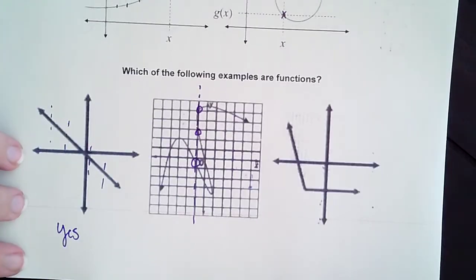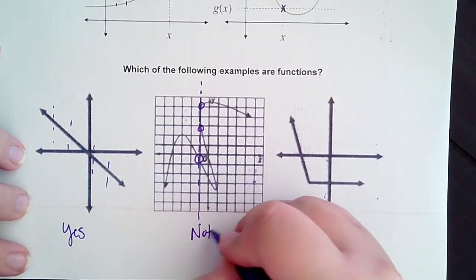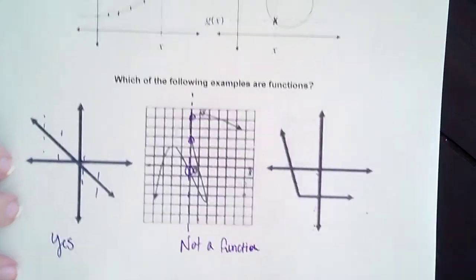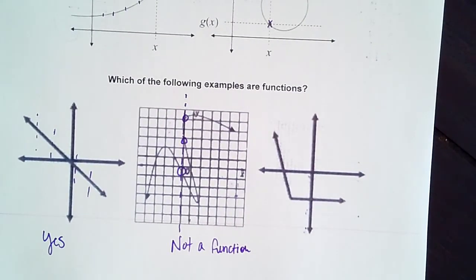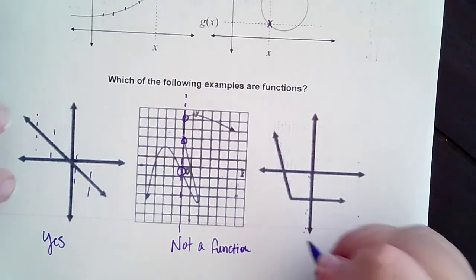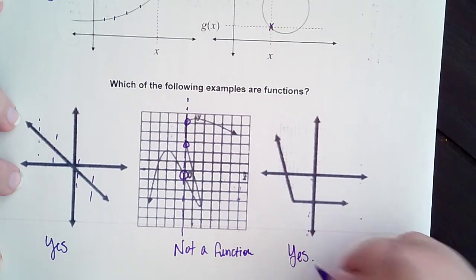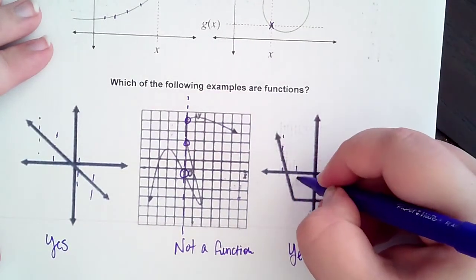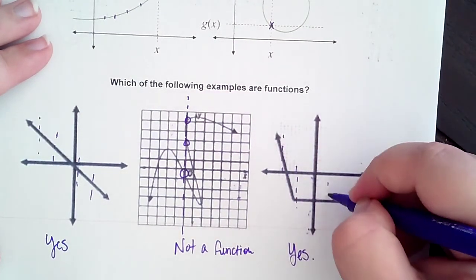So based on the vertical line test, this is not a function. Go ahead and try that last one on your own. Do you think it's a function or not a function based on the vertical line test? All right, after trying it yourself, you should see that yes, it is a function because at any given point, we're only crossing that line 1 time.